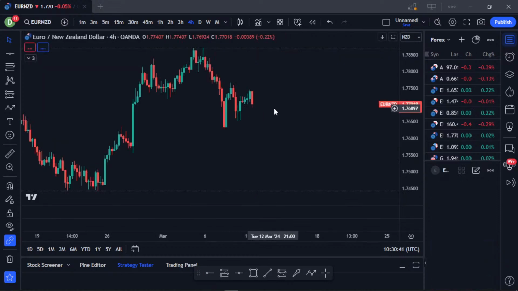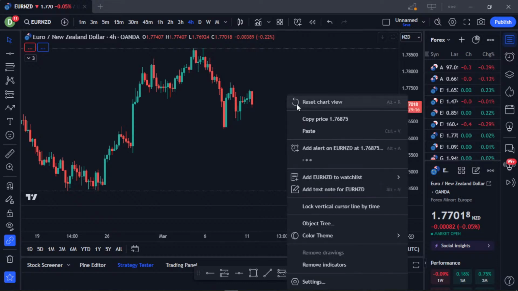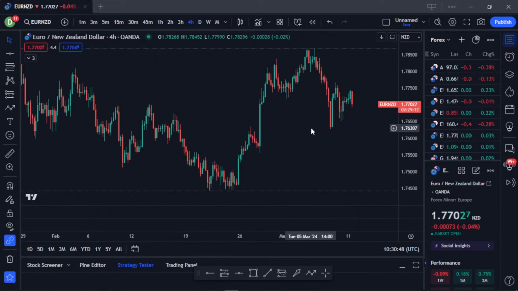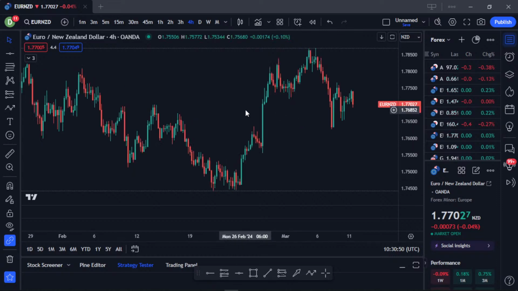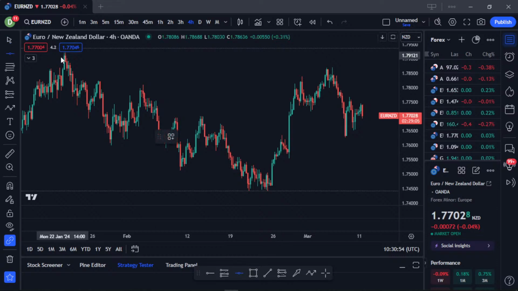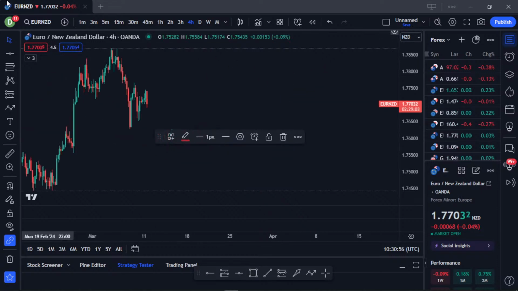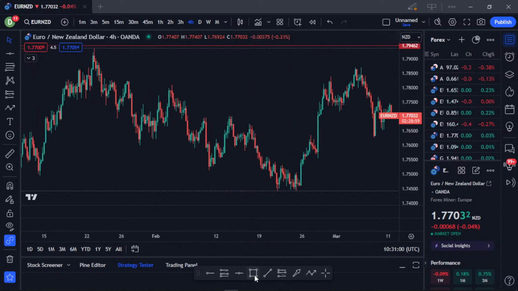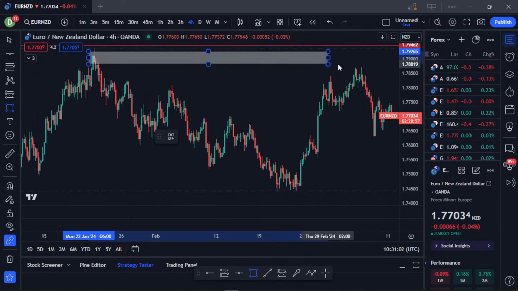So now let's look at EURNZD. Right now on the 4-hour time frame, we can see this clear area of resistance here, which hasn't really been retested.